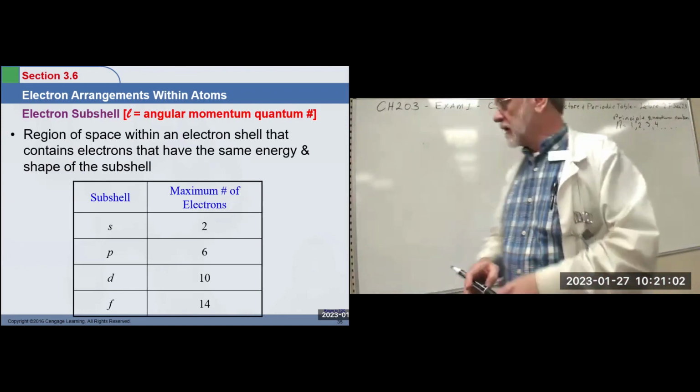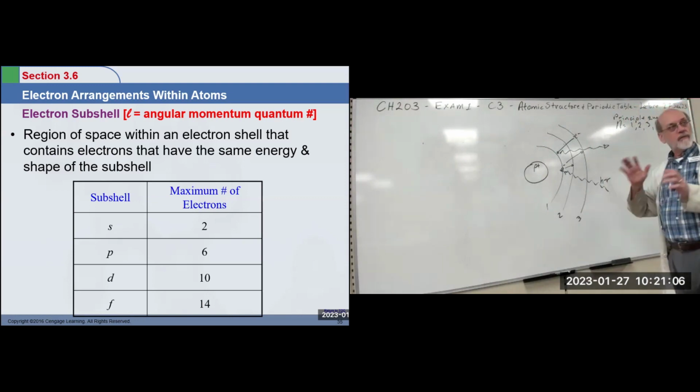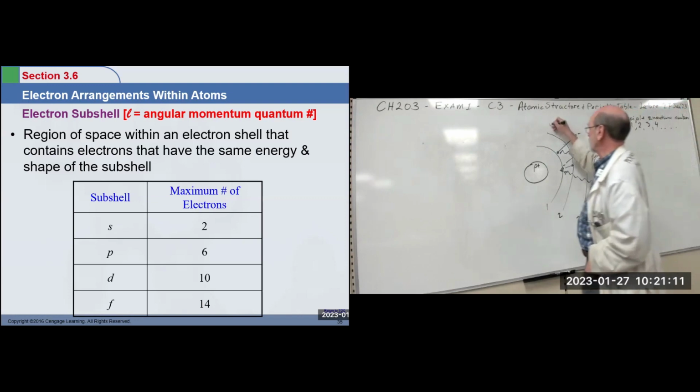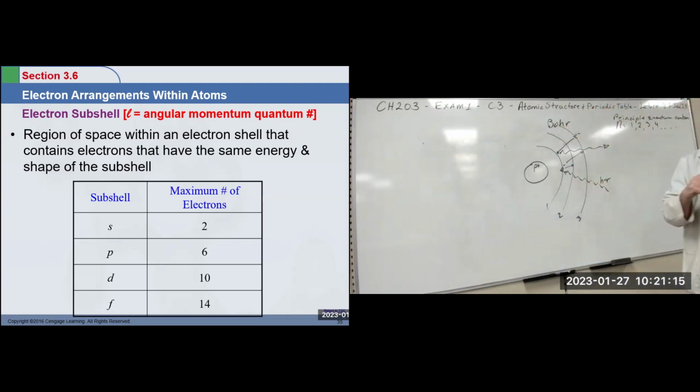So from this point on, we've gone beyond Bohr's model. This was Bohr's model. He was a Danish person, and Schrodinger was German. So now Schrodinger's going to add another number to the sequence.